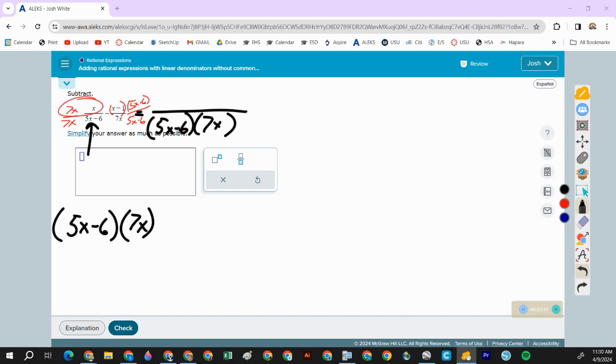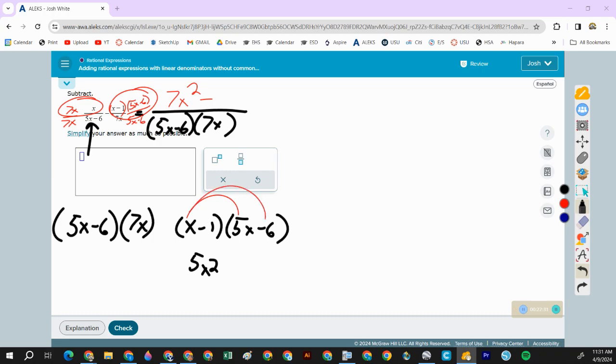So this becomes 7x squared minus, this becomes, so x minus 1 times 5x minus 6. That is 5x squared, and that is negative 6x. This is negative 5x, and this is plus 6. So that is 5x squared minus 11x plus 6.